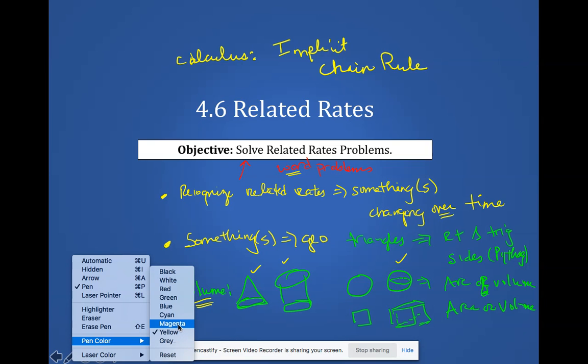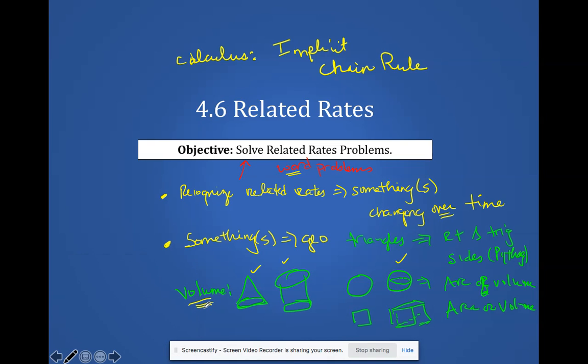I'm going to do a couple triangle problems, one that involves right triangle trig, and one that involves Pythagoras. And I'm going to do a cone problem. And then I'm going to do, lastly, a problem from your homework packet that involves both a cylinder and a cone.